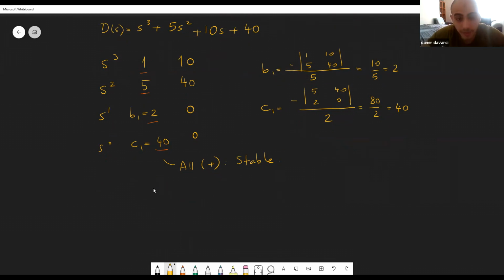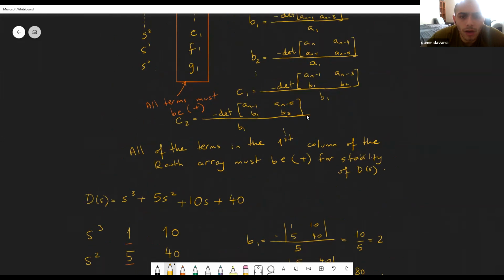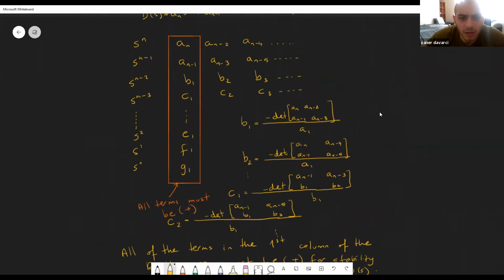Okay. Hocam, can you scroll up? You write in a different way while teaching us the Routh test. In the formula of the B1, you just write A1. Shouldn't it be A n minus 1? Yes, there is a mistake in my notes.